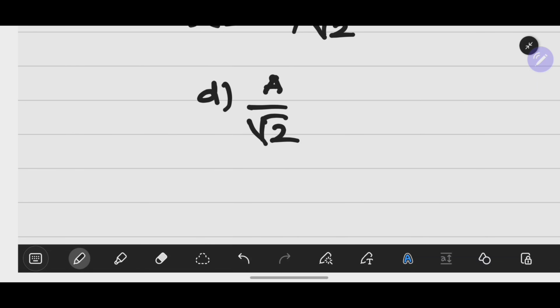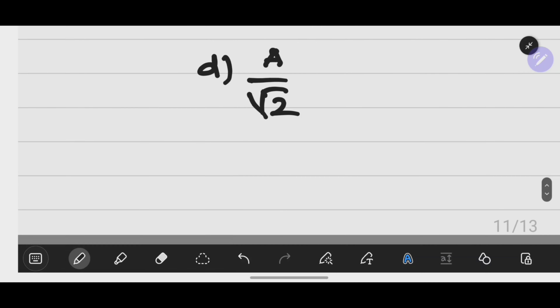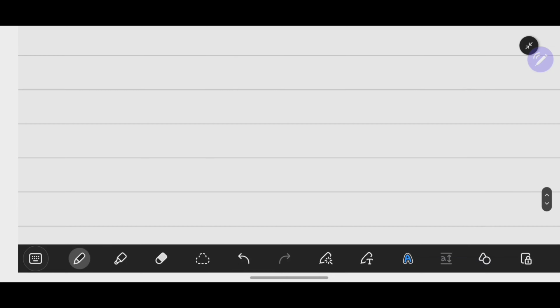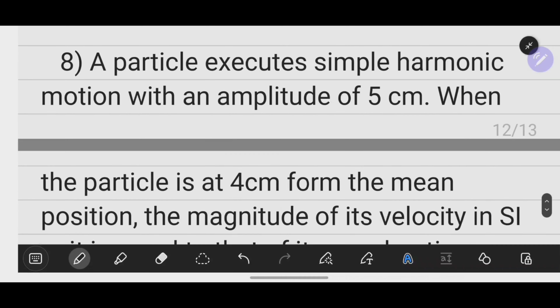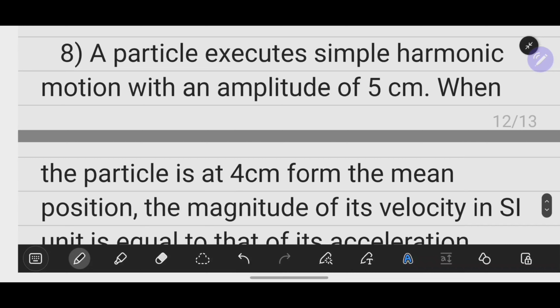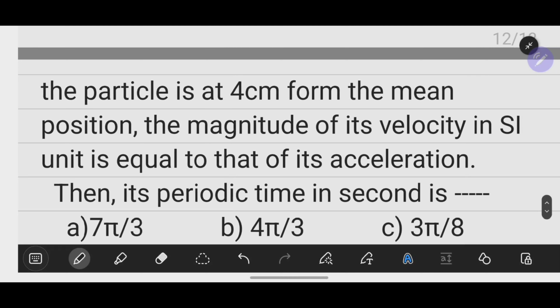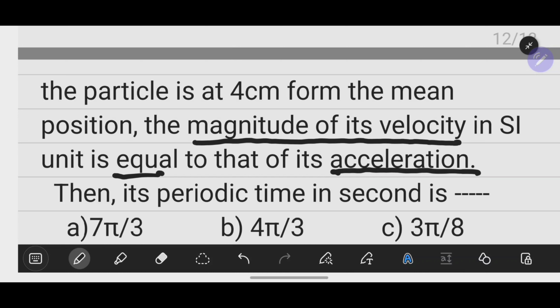And let us know about the last, that is the 8th one. A particle executes a simple harmonic motion with an amplitude of 5 cm. When the particle is at 4 cm from the mean position, the magnitude of its velocity in SI unit is equal to the acceleration.